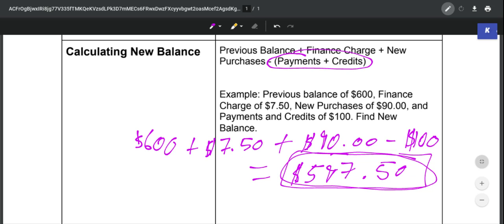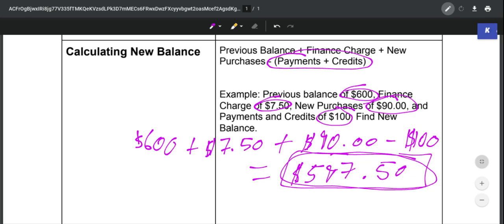When you have a balance on a credit card for these calculations, we're looking at how much you still have to pay. Before, we had already spent $600 on our credit card or a charge account, and then we had the finance charge added and our other purchases added.